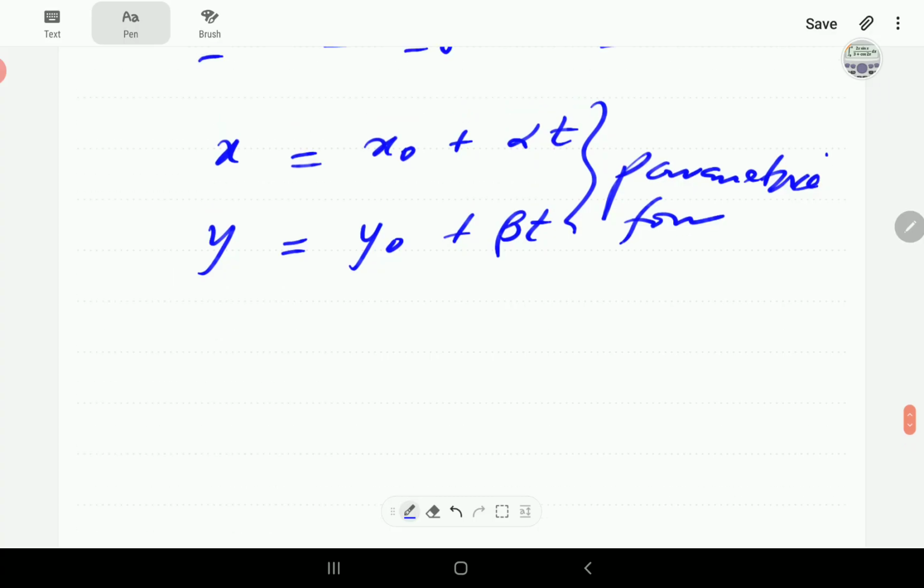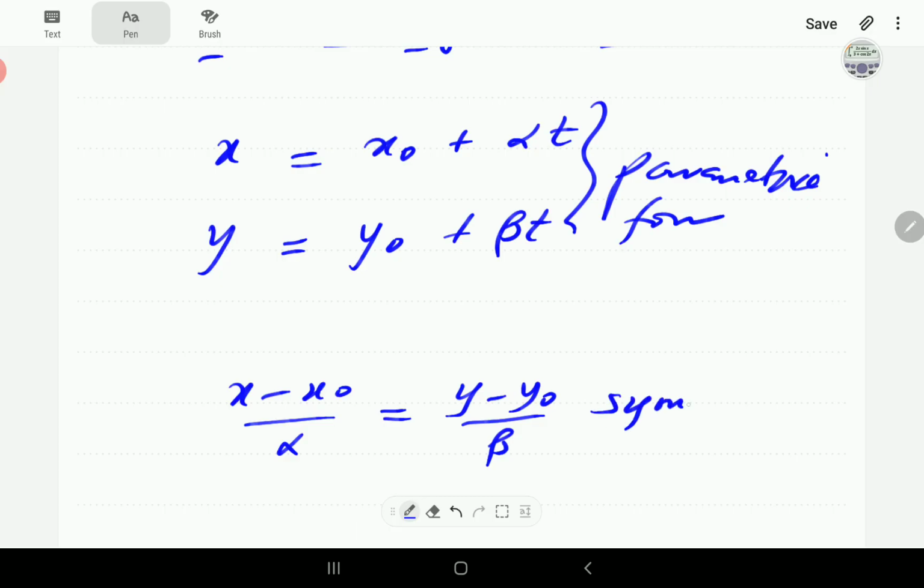Then if we eliminate t from the parametric form, (x minus x naught) over alpha is equal to (y minus y naught) over beta. This is the symmetric form. In the next video, we're going to talk about something called the scalar form, and then we're going to do examples.